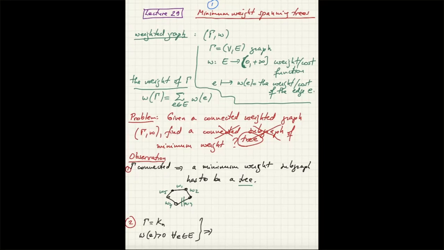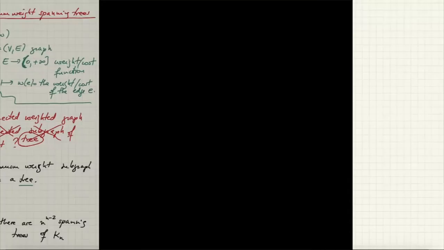We have to find out the minimum weight of all the spanning trees of Kn, and we know that there are n to the n-2 spanning trees of Kn. Simply listing them and trying to compare their weights is not feasible for larger n. So one has to do something better.